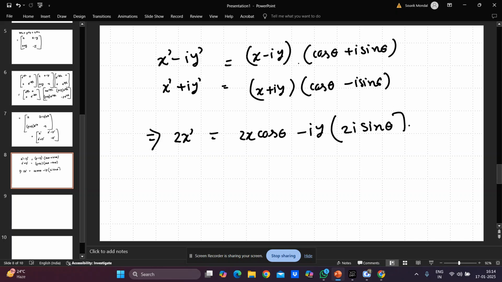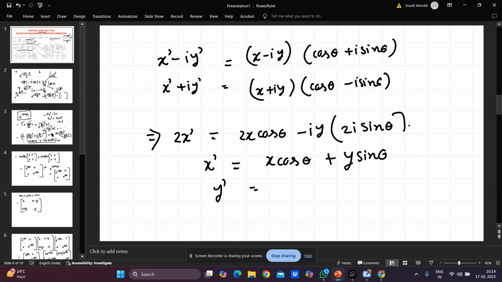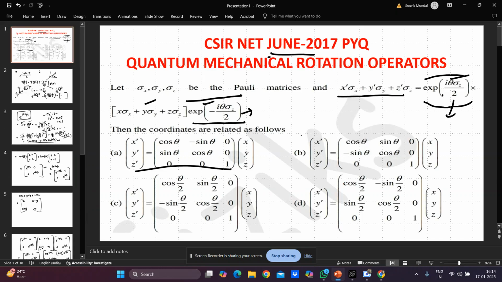So minus iy common, i sin theta, and i square minus 1 gives 2y sin theta. So x prime is equal to x cos theta plus y sin theta, and you can easily get y prime. Okay, so you can get the correct matrix operator, that is this one.